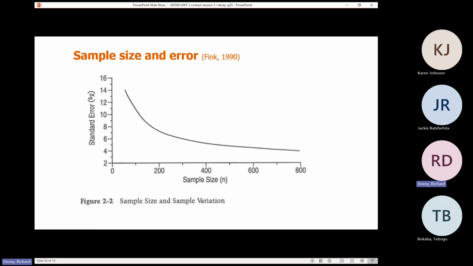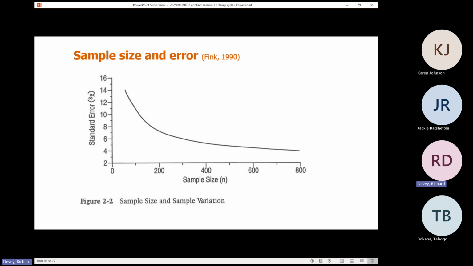This figure demonstrates the relationship between sample size and sample variation. You can see the bigger your sample becomes, the less error you're going to have in the measurement of the characteristics of the sample that you're measuring, because the more cases you have, the more likely those cases are to represent the population that you're trying to represent.